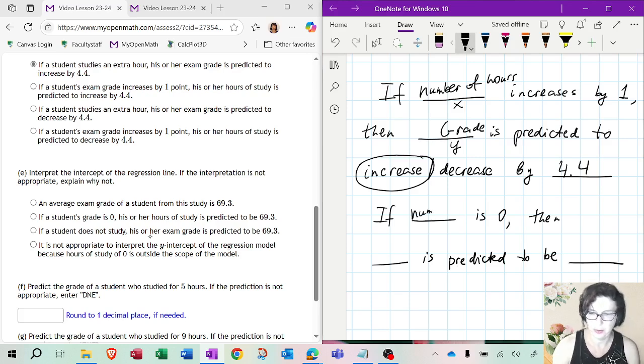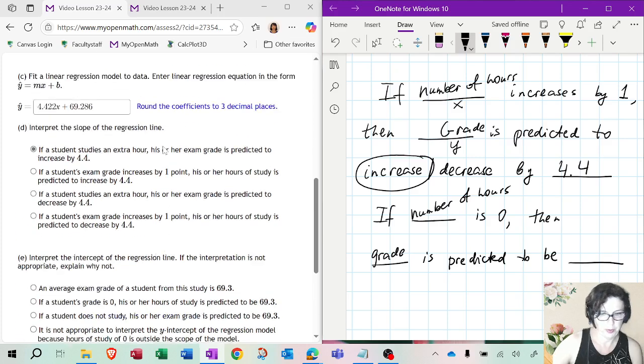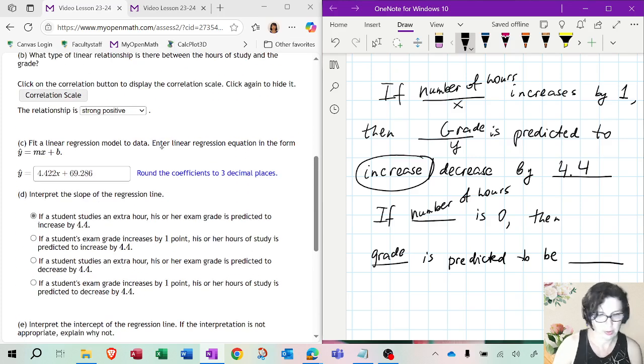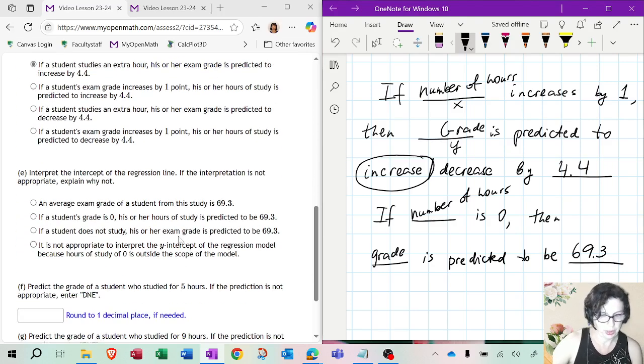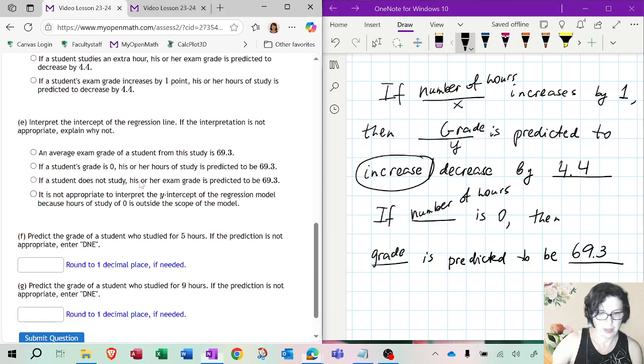So if the number of hours is 0, in other words, student did not study, then the grade is predicted to be like, well, let's take a look what the y-intercept was, 69.3. So if a student didn't study, then his or her grade is predicted to be 69.3.